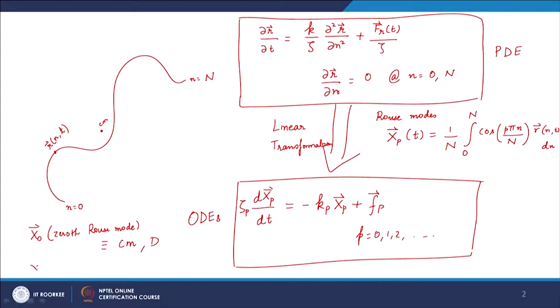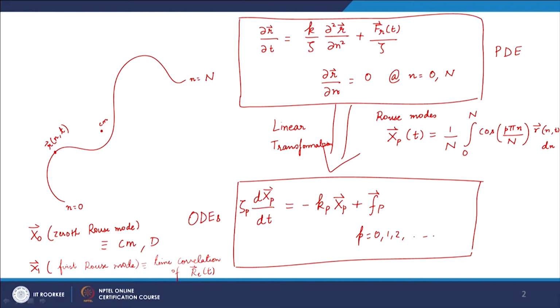And then finally we derived that x1, or the first Rouse mode, characterizes the time correlation of the end-to-end distance R_ET.